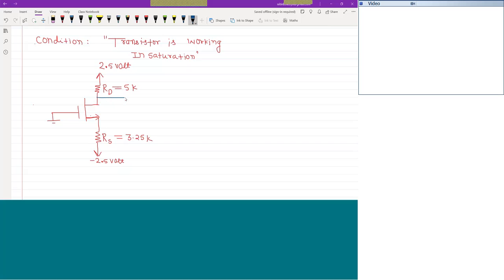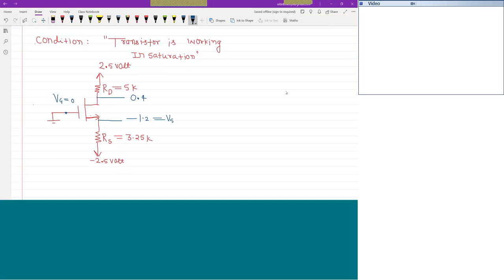The voltage at this point is already given 0.4 volt, and voltage at this point is given as minus 1.2 volt, which is Vs, and the voltage here Vg is given as 0.